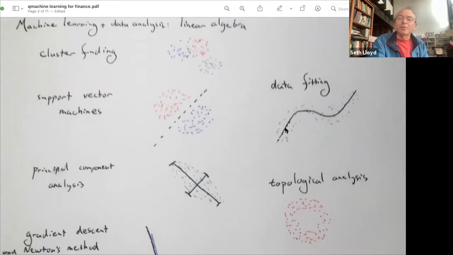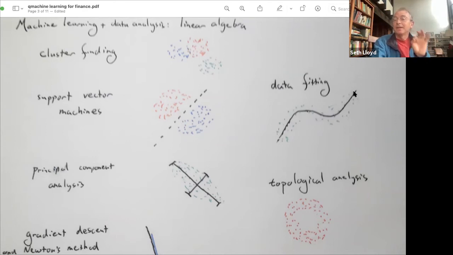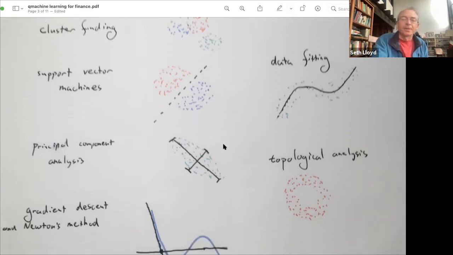If I have some data that lives in a high-dimensional space, and I want to fit some hypersurface that gives me the least mean squared error, this is the original application of data fitting methods developed by people like Laplace in the 1700s. This gets an exponential speedup on quantum computers.